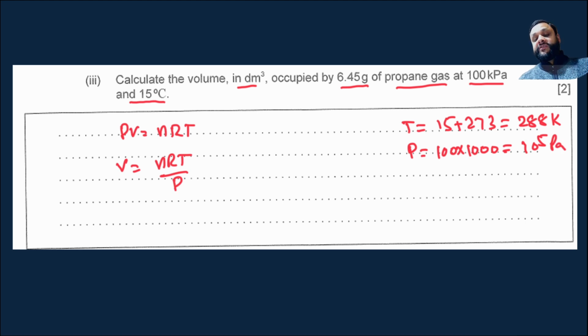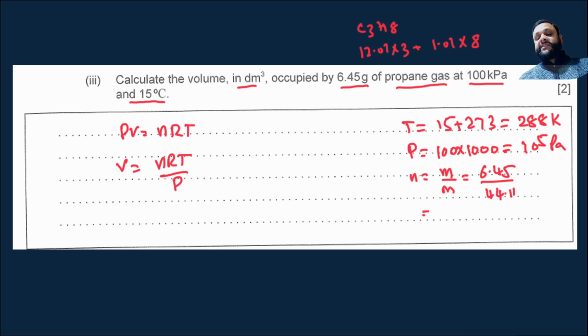Let's find out the moles. Mole is equal to mass over molar mass. The mass is 6.45, and the molar mass of propane, C3H8, is 12.01 times 3 plus 1.01 times 8, which is 44.11.